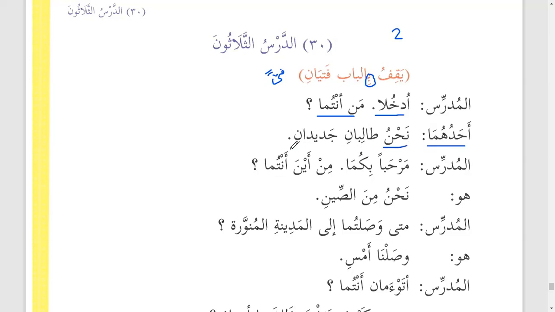Like in English, one person says I, and if there are two people, they will say we. Similarly in Arabic, if you talk about yourself, you will say ana talibun. If we talk about ourselves, like all of us, we will say nahnu tullabun. And if we have two, they will also say nahnu talibani jadidani. Both of us are new students.